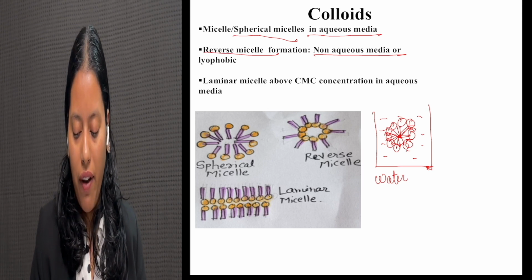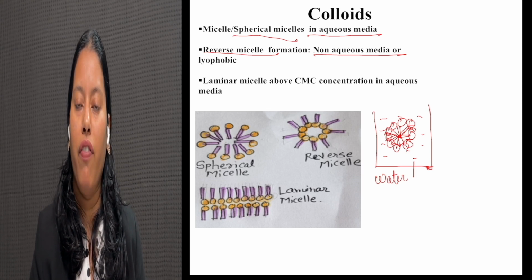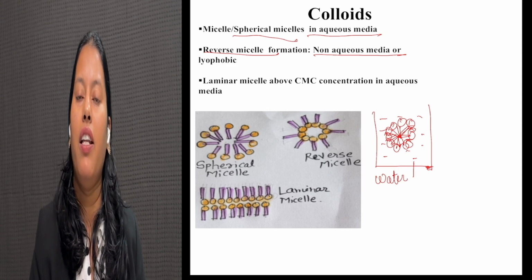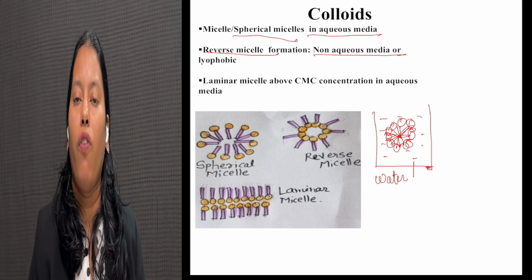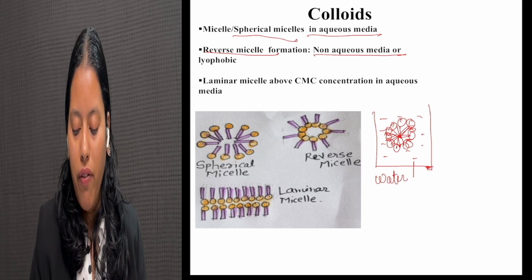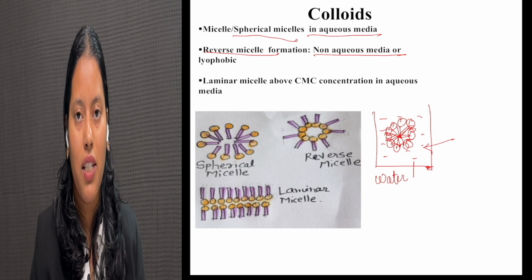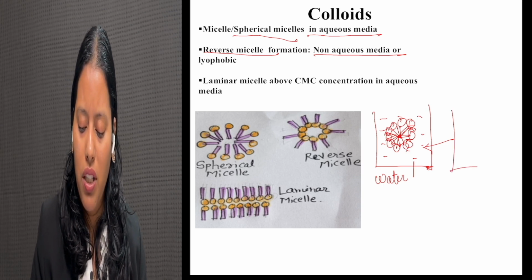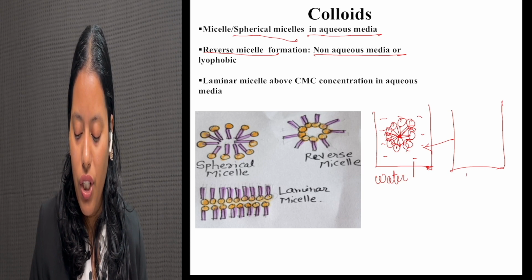Okay, so when you have the aqueous media or the polar media, the polar head is facing the outer part, where the polar solution or the polar liquid is, and it is forming the spherical micelle. When you change this aqueous system to any other non-polar system, how will the structure be?